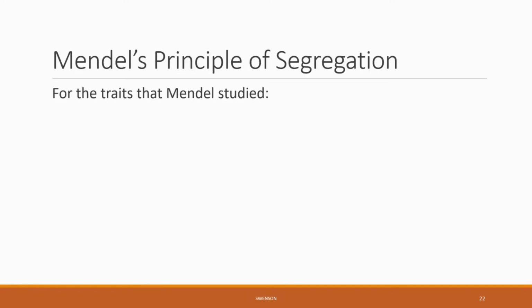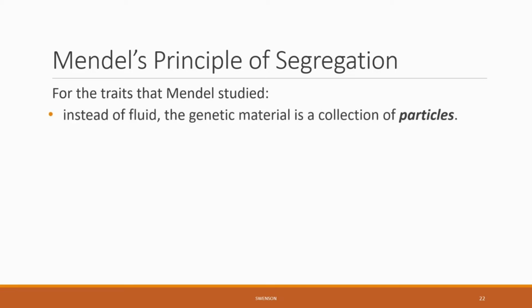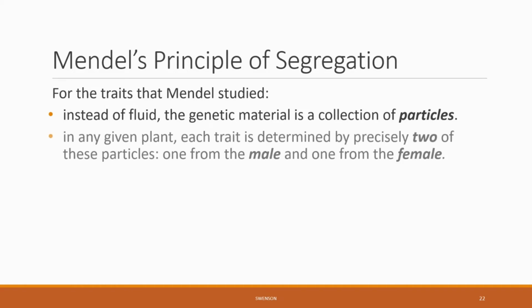It was clear to Mendel that inheritance was not a substance that was just mixed together from parents, as the generative fluid hypothesis claimed. He proposed a principle of segregation instead that stated, in any given plant, each trait is determined by precisely two of these particles, one from the male and one from the female.